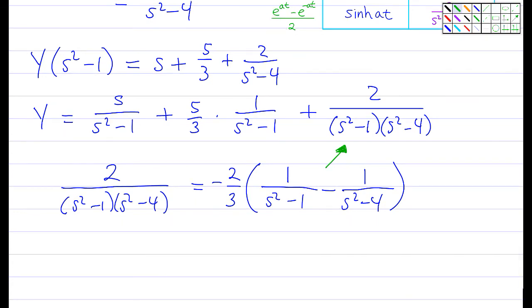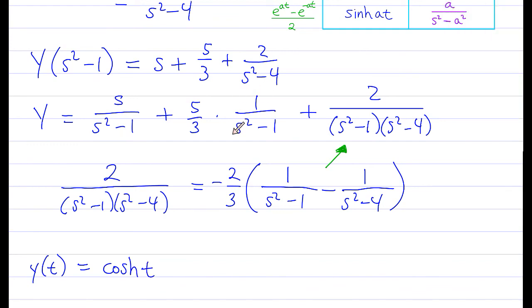Let's write down our little y. Little y of t equals. Okay, what function has a transform that looks like this? Well, that's just hyperbolic cosine, cosh of t. How about this function? That's just the transform of hyperbolic sine with a 5/3 in front.